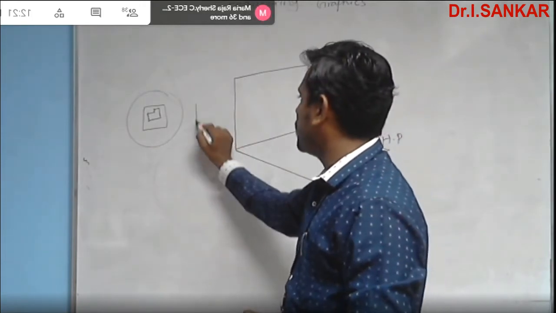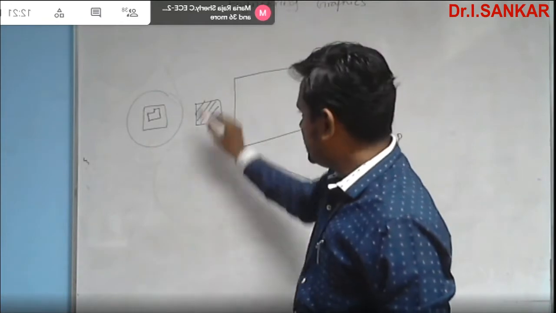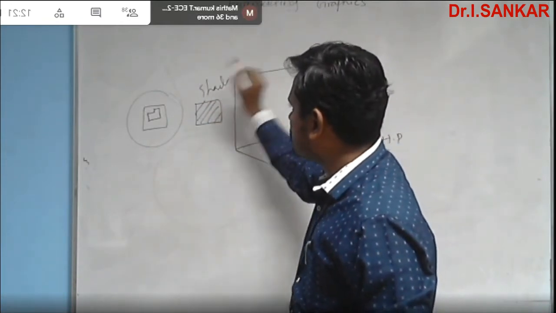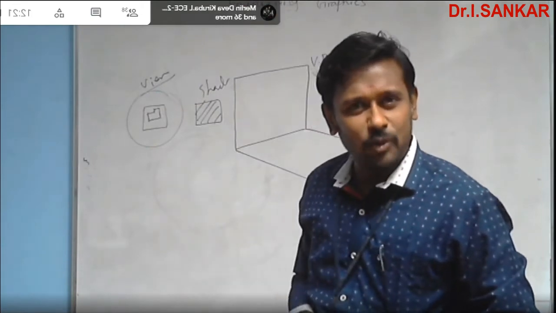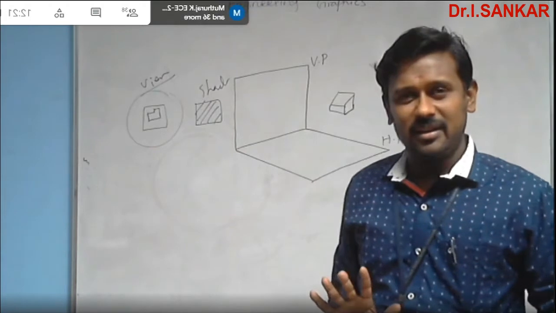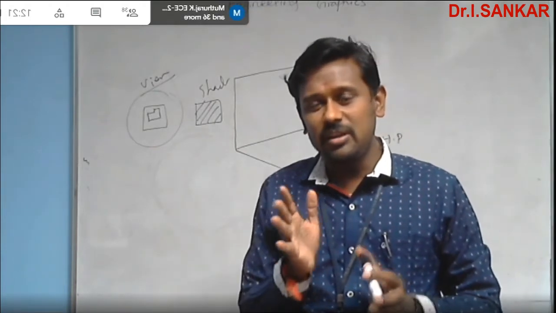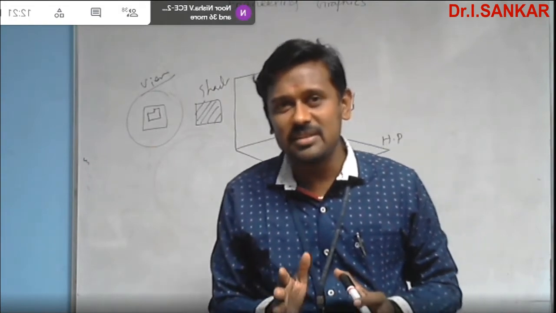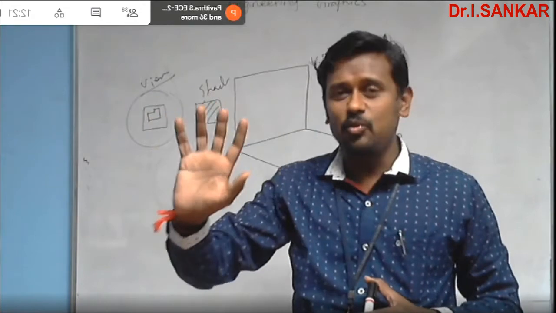If you just have the shadow of that object, only the outermost boundary can be viewed. This is shadow, and that is view. It is not possible to get the view in practice, so everything is imaginary only. They are just illusions. In our imagination, we prepare these views just by projecting the object towards the screen.